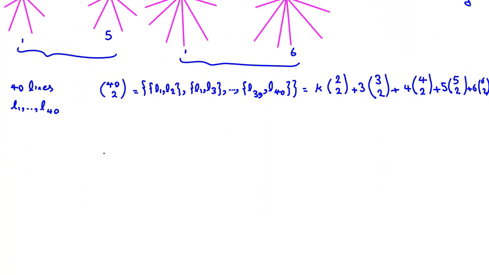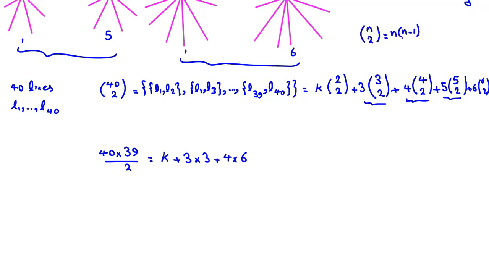So the left hand side is 40 times 39 over 2. Right hand side is k. 2 choose 2 is 1. 3 times 3. This part, the next one, 4 times 4 choose 2 is 6, because 4 times 3 over 2. Look, n choose 2 is n times n minus 1 over 2.